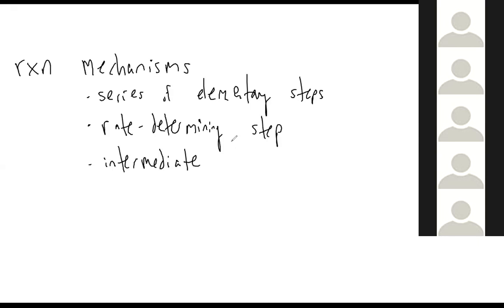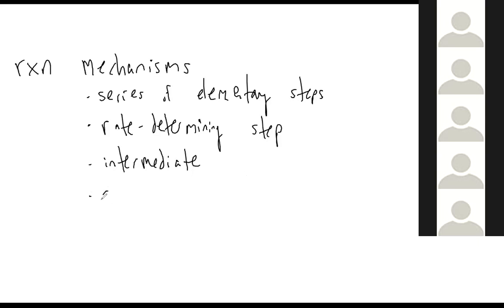What is an intermediate? An intermediate is a compound that shows up during a reaction but isn't contributing to the overall reaction, so it comes and kind of disappears. Okay, excellent. Yeah, it's like a go-between, right?